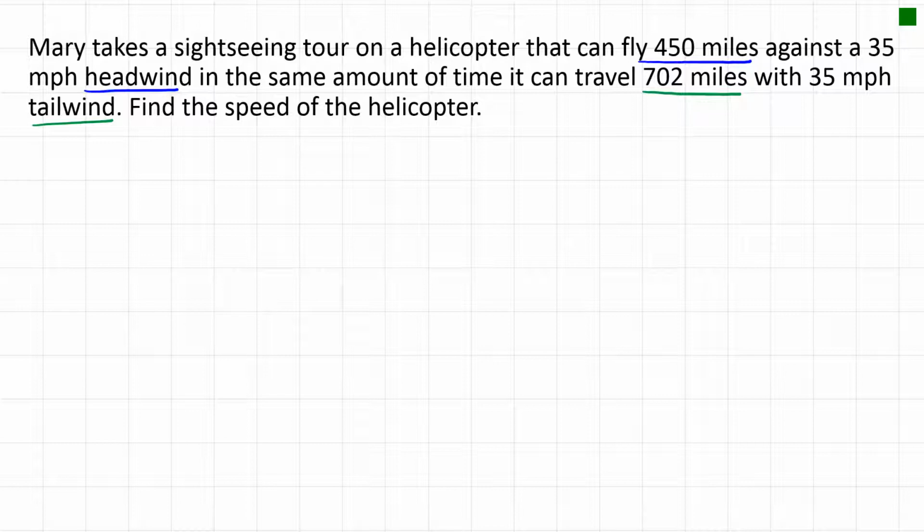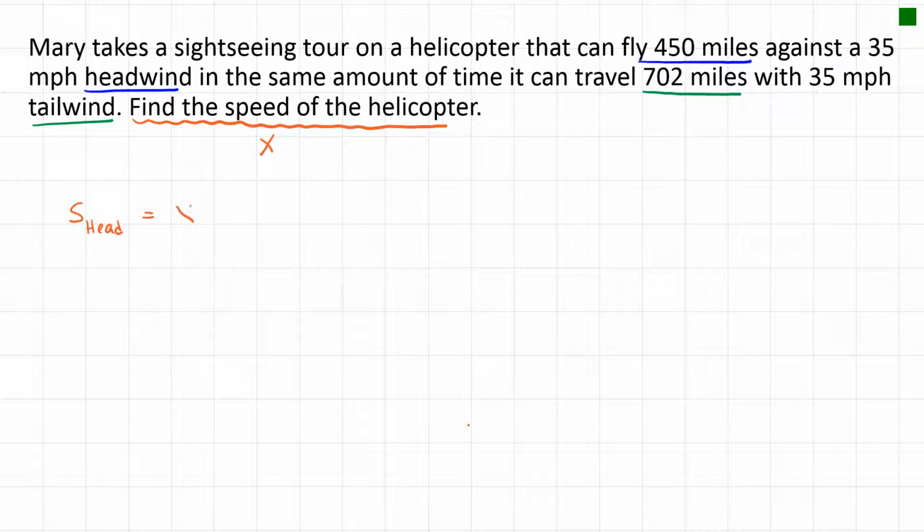So we're going to look to the end of the equation and say there's the speed of our helicopter. So the speed of the helicopter we're going to label as x. And that means that when she is traveling with a headwind, it's going to be slower.